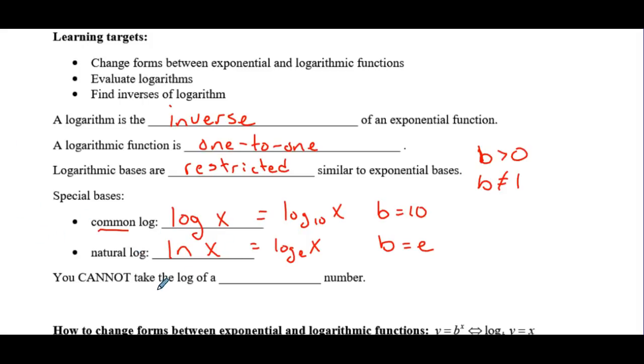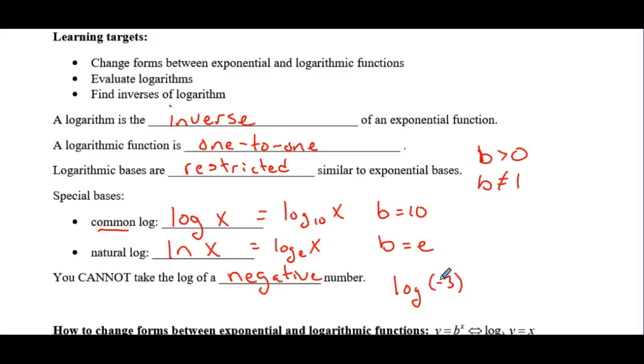The last property that we're going to talk about here is that you cannot take the log of a negative number. So in this case, x will always be a positive value. Now, if that's been shifted left or right, of course, you can then get into some negatives. But in the end, you can't have something that looks like log of -3.